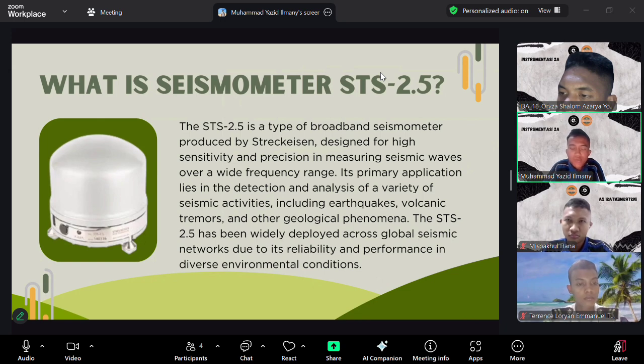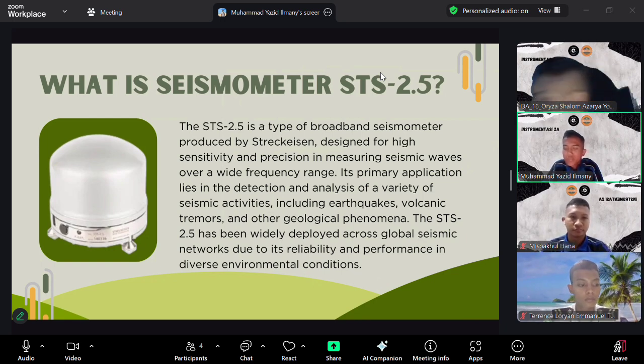The STS 2.5 has been widely deployed across global seismic networks due to its reliability and performance in diverse environmental conditions. It is capable of recording seismic signals over a broad frequency range with high stability and precision under various environmental conditions.